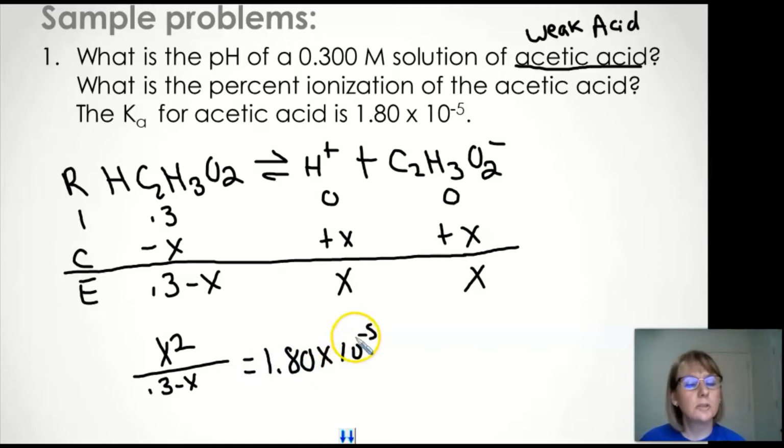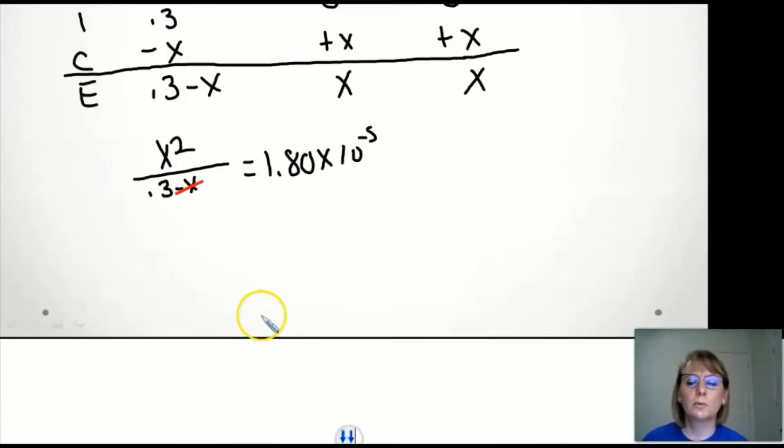Because this is to the negative 5th, it passes the 5% rule, where we get to cross out that minus x there. So we can cross multiply, take the square root, and we get x equal to 0.00232.